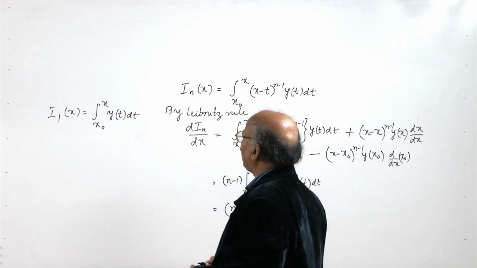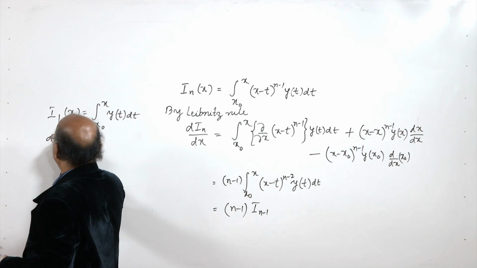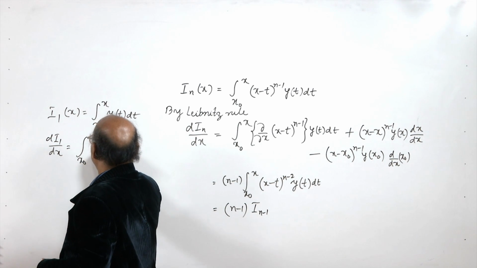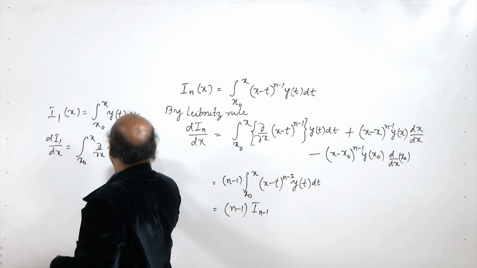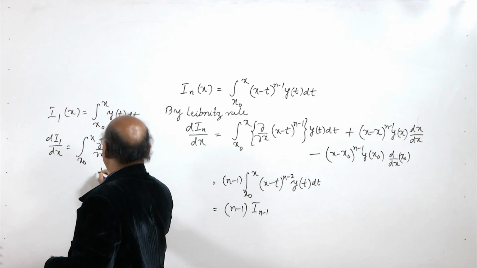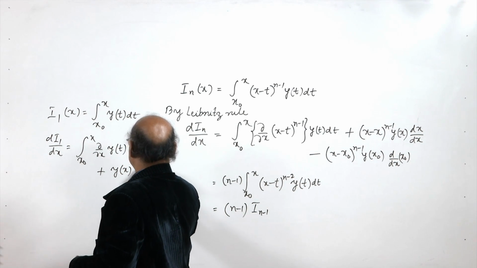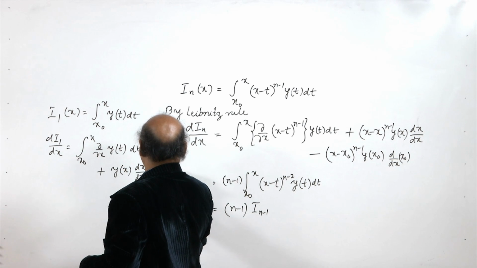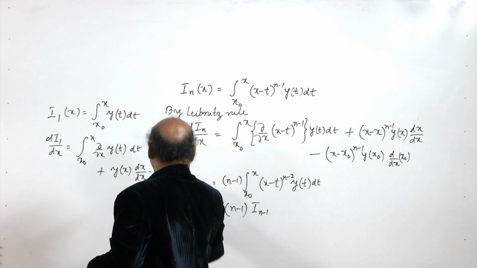So, if we again apply the Leibniz rule here, then we will get dI_1 by dx equal to the integral from x naught to x of the partial derivative of y(t) with respect to x into dt, plus y(x) into dx by dx, minus y at x naught into dx naught over dx.